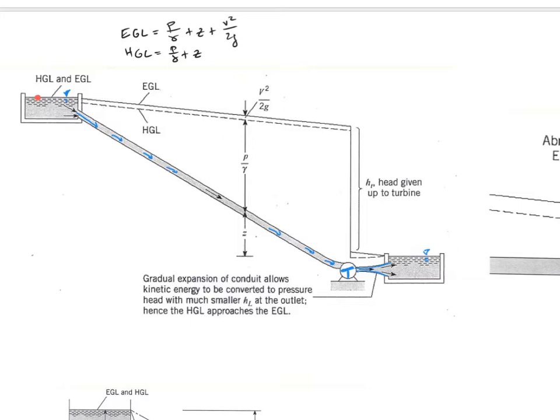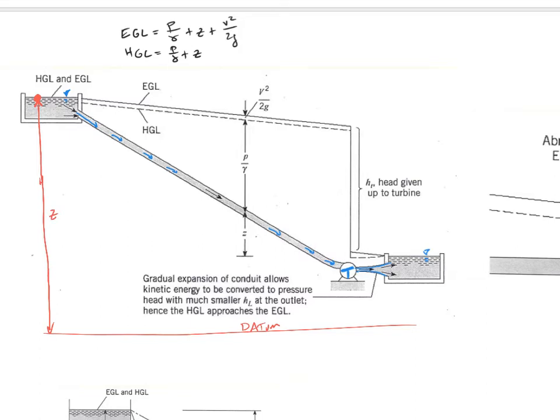I'm going to do this all in red. I'm going to look at this first point right up here, and what is the Z? Well, it goes all the way down to my datum, wherever my datum is. Okay, there's my datum. That's Z. What's the pressure right there?